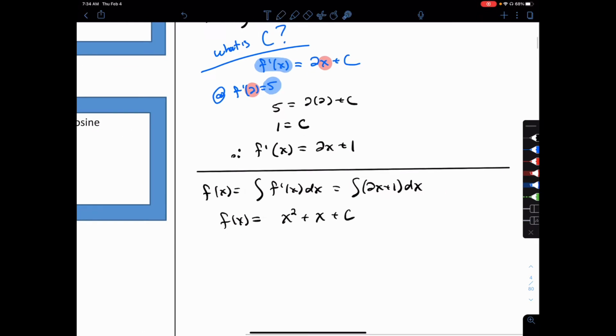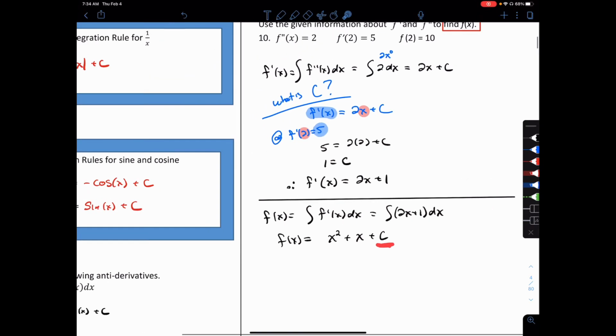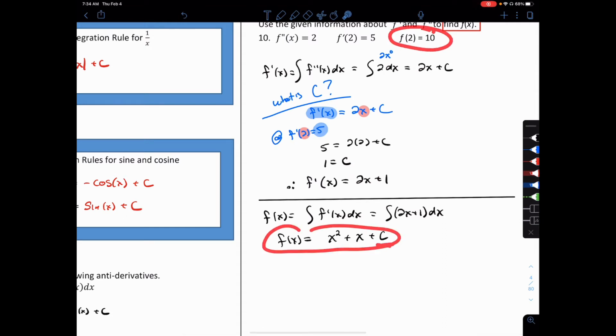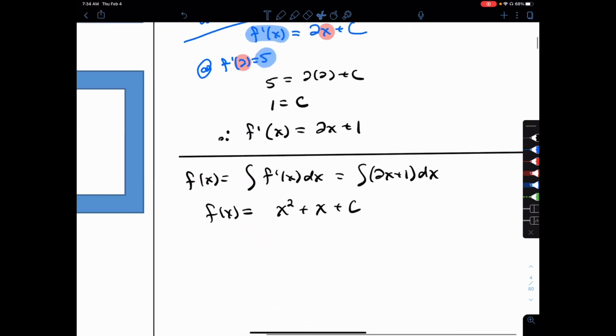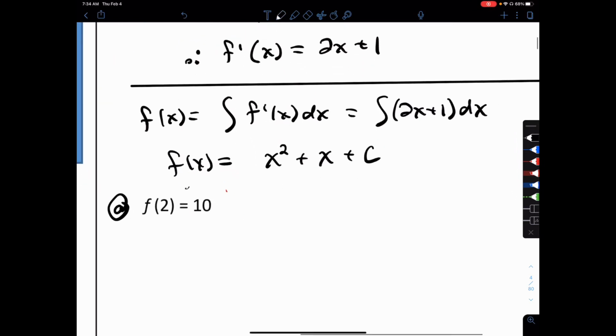That's all fine and good, but we have to know what c is. So do we have an ordered pair using function f? We do. It's right here, (2, 10). So at f of 2 equals 10, we would have 10 equals 2 squared plus 2 plus c.